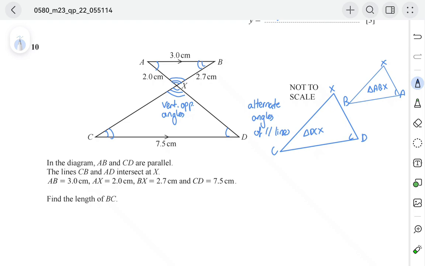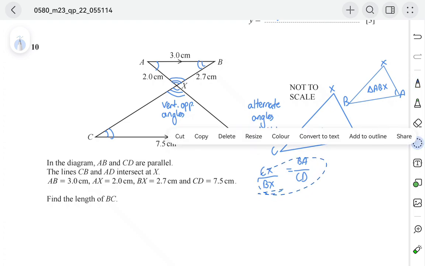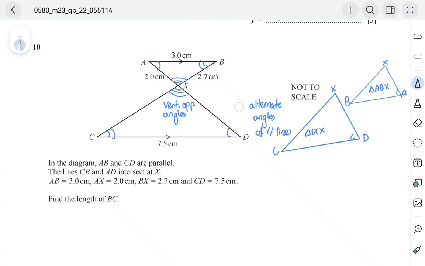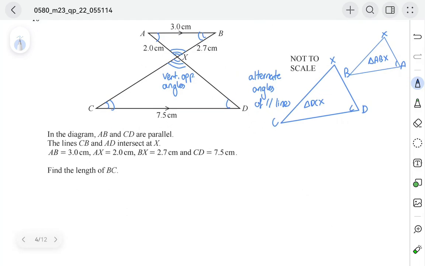So, what do we know about similar triangles? We know that the ratio of sides are the same. So with this, we can actually find the length of CX. Let me write the working in the space below. So we have CD from the larger triangle, and we have AB of the smaller triangle, which are corresponding sides.